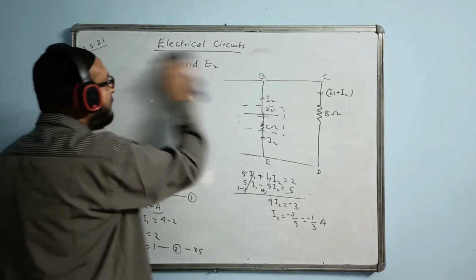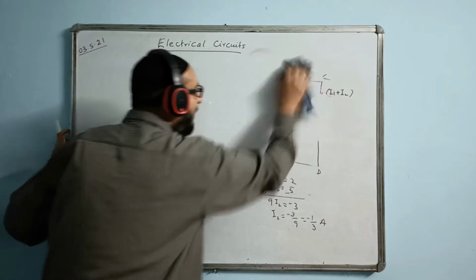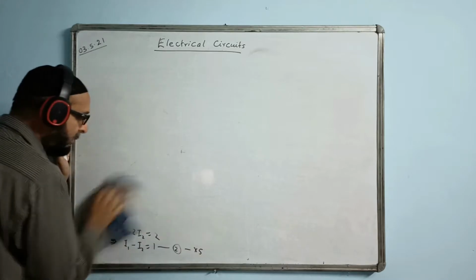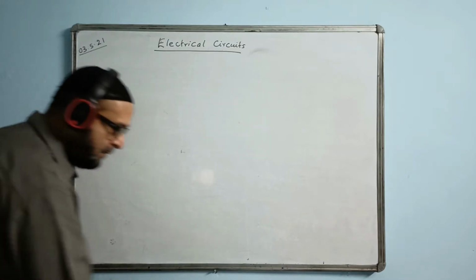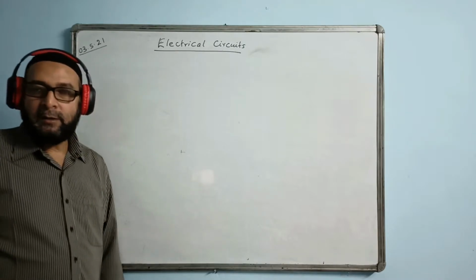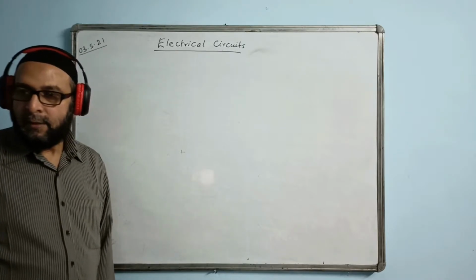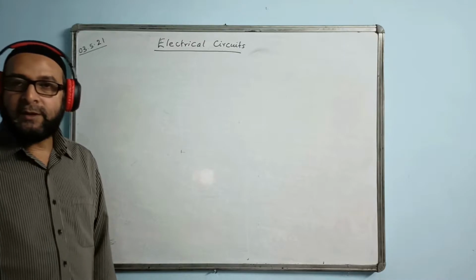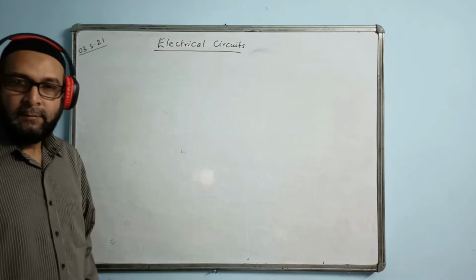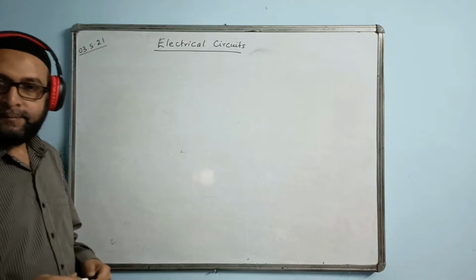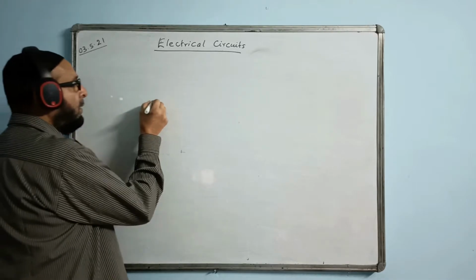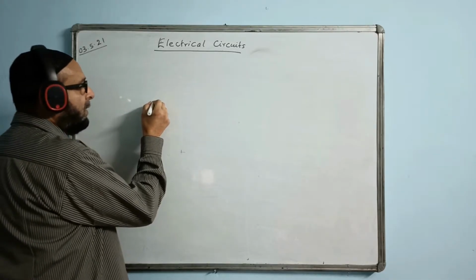Find the PD across 5 ohm resistor, as shown in the following circuit. Okay. We are showing a circuit like this.